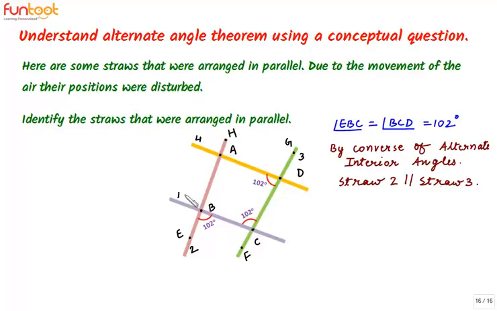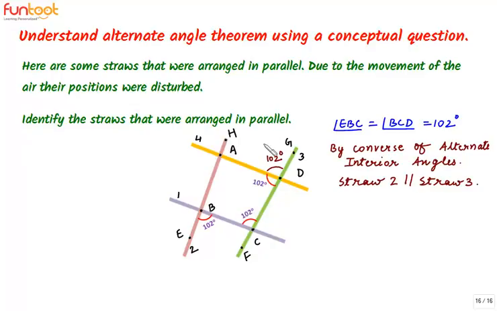Now let's take straw 4 and straw 1 as a pair of lines and straw 3 as the transversal. Had straw 4 and straw 1 been parallel, then if this angle is 102 degrees, this angle should also have been 102 degrees as they form corresponding angles.